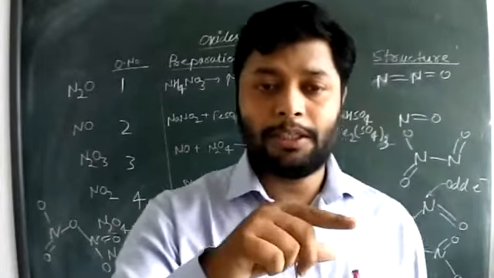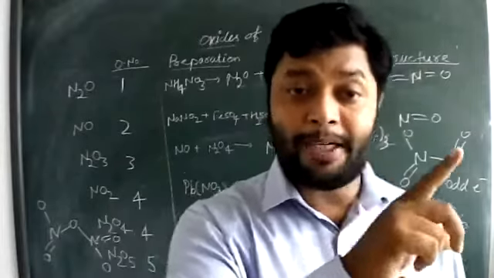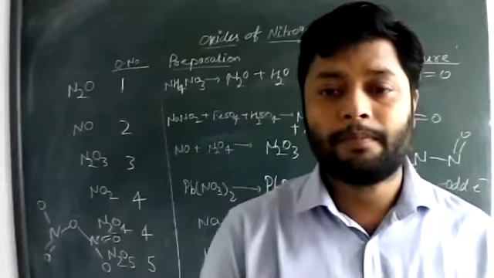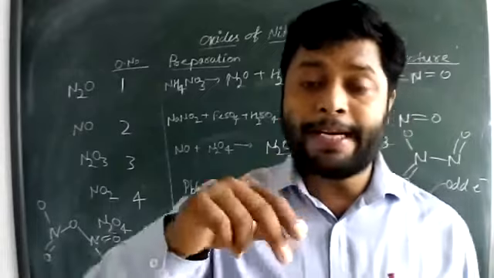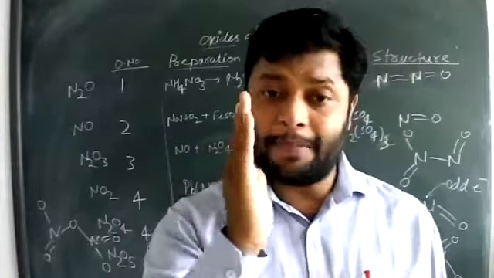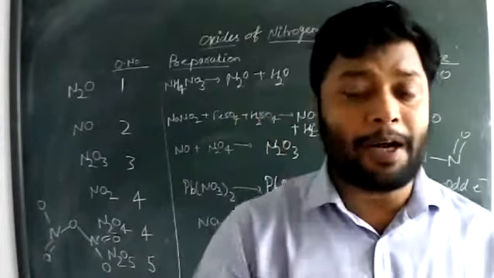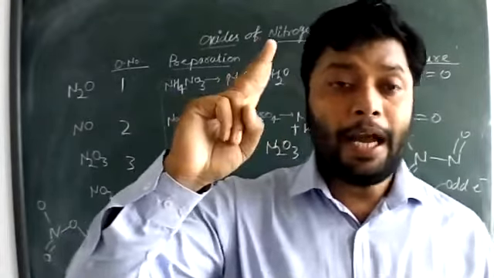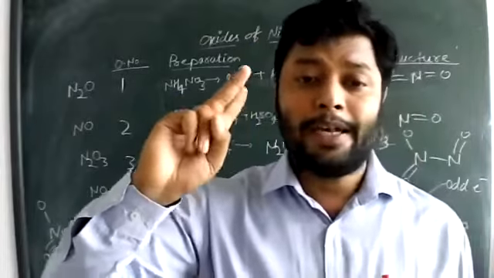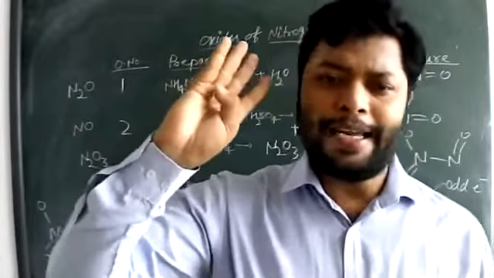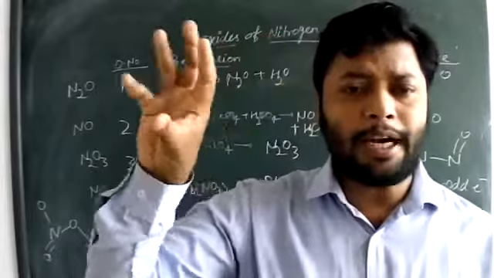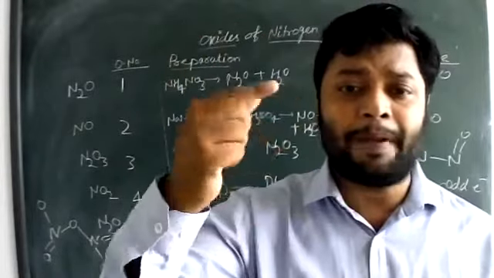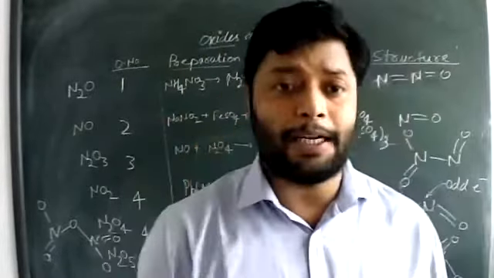But nitrogen, which does not have d orbitals, can form multiple bonds, double bond or triple bond, because of high electronegativity, high hybridization character, smaller size, and high charge density. All these are the reasons why nitrogen can multiply its bond, but phosphorus cannot.